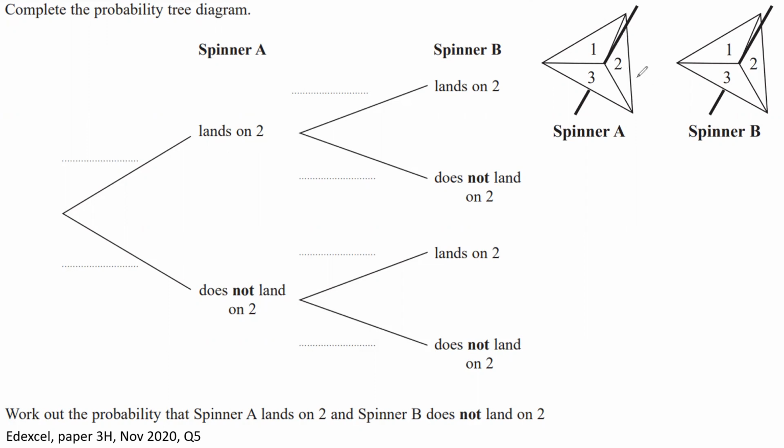So the probability that this lands on a 2 would be 1 in 3 chance, or 1/3. So we can pop that in here. The probability of it landing on a 2 is 1/3. And the probability that it doesn't land on a 2 will be 2/3. It could land on either of these 2 sides, so 2 out of the 3 sides, and that would not be a 2. So we can pop 2/3 in here.